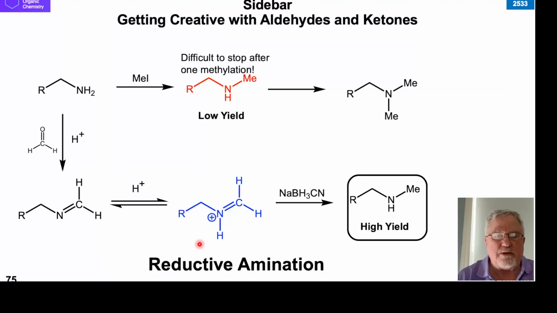So we call this whole process reductive amination because we make the amine by reducing an iminium, and we make the iminium by reacting it with a carbonyl compound. On the way to making the imine, but it never quite gets to the imine because this reduction occurs before we get to the full imine.